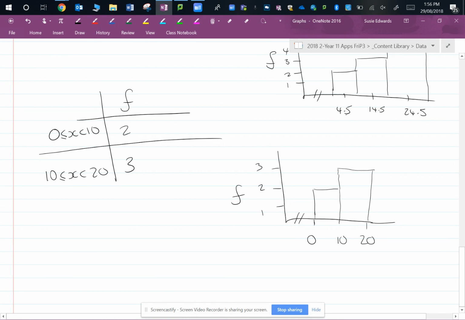So if we were measuring handspan, and I said my handspan is 10 centimetres, which row would it be in, the top one or the bottom one? It would be in the bottom one because it says greater than or equal to. Well, if my handspan was 9.9, where would it be? The top one, because it's less than 10. And so for that one, the lines would be exactly at 0 and 10 and 20. So you need to see the difference between them.